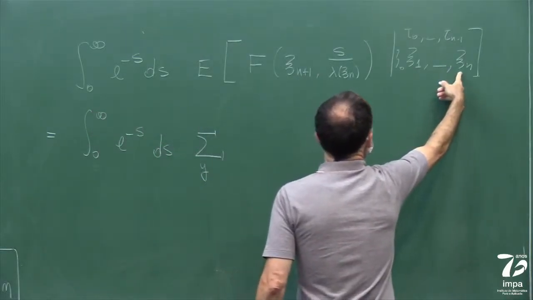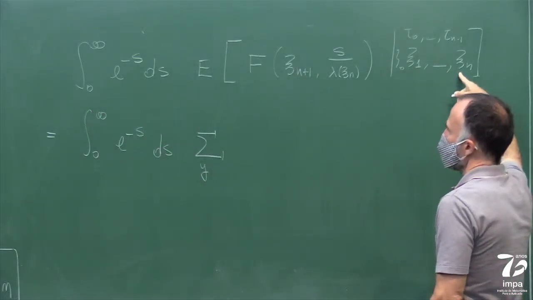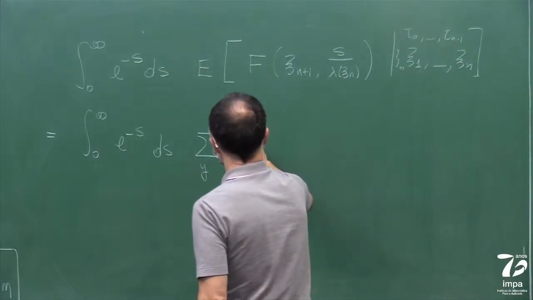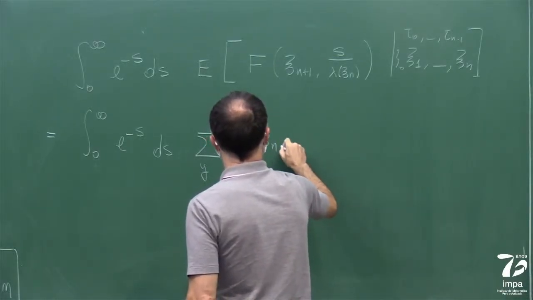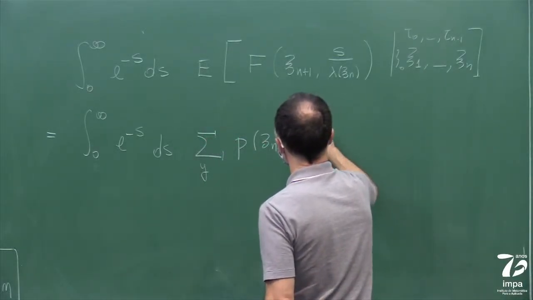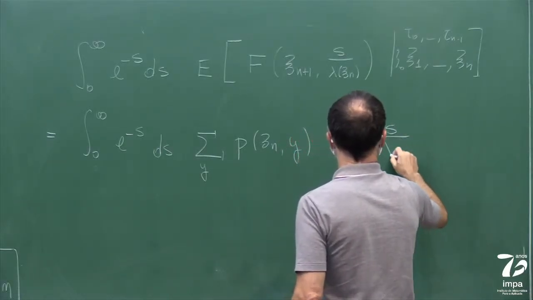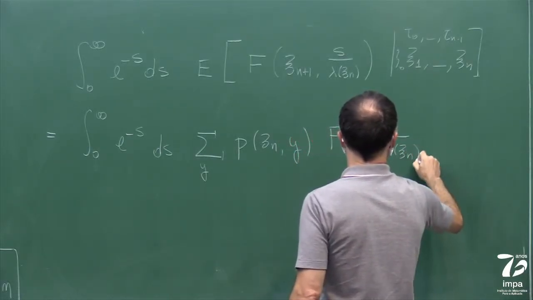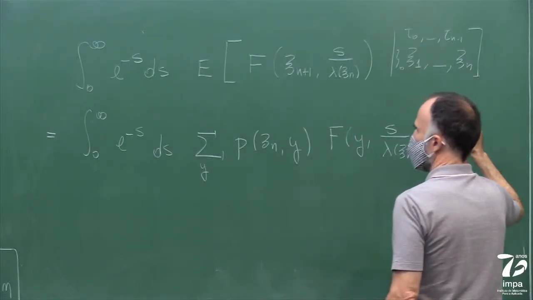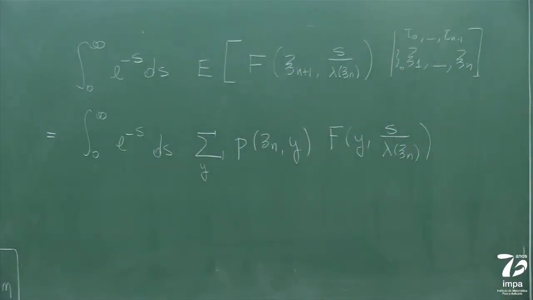So I know that at psi n, I'm at psi n. So this is the probability that I jump from psi n to a point y. And this is f of y s divided by lambda psi n. Okay? This is the conditional expectation.